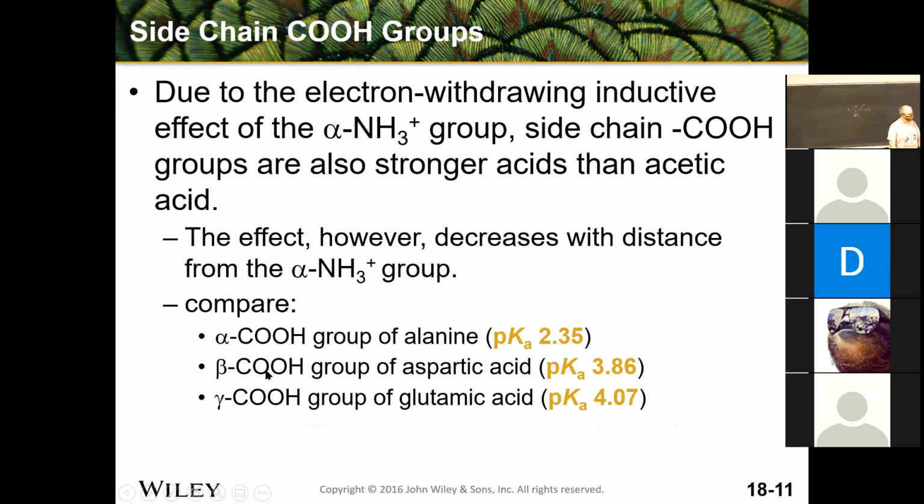Okay, if we have a carboxylic acid group that's beta, then it drops off about tenfold, and then for glutamic acid, where we have a carboxylic acid group on the gamma position, then the pKa of that side chain carboxylic acid drops off even further. Okay, and it's becoming pretty close to that of an ordinary carboxylic acid.